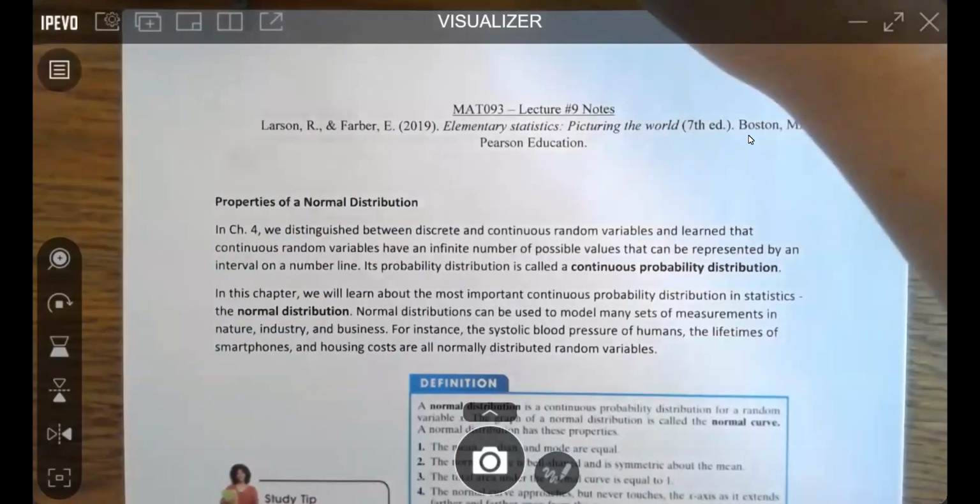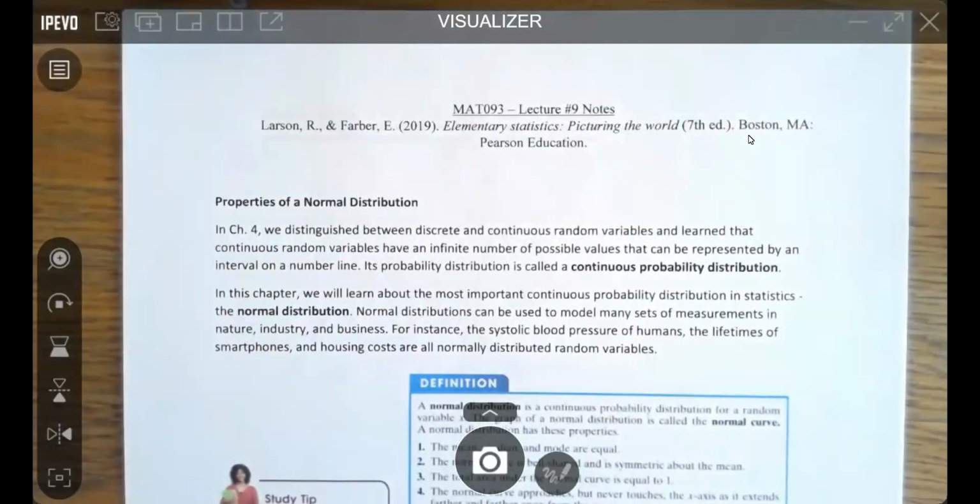And the normal distribution is used to model many sets of measurements in nature, industry, and business. As one example, systolic blood pressure of humans uses the continuous bell shape or normal curve. The lifetime of smartphones, as well as housing costs, all tend to be normally distributed random variables. So there's actually quite a lot of examples of data that is naturally normally distributed.